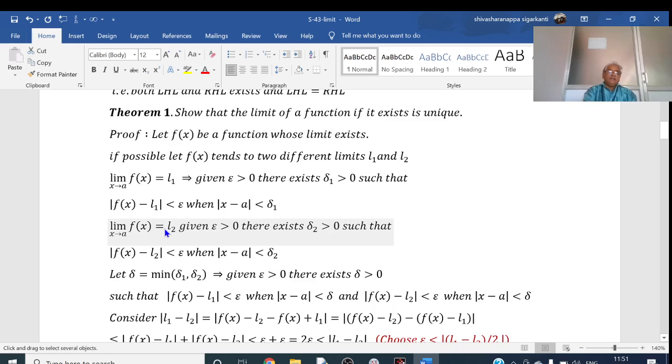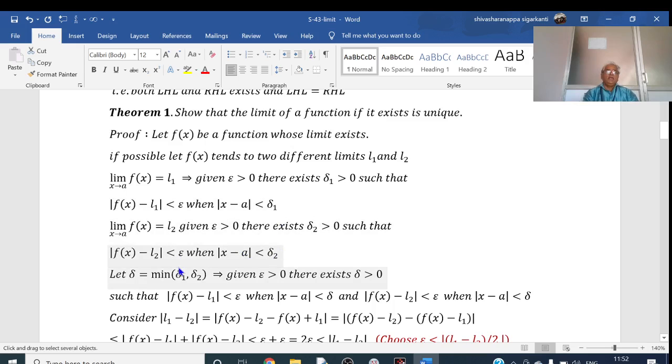L2 is also the limit of f of x. Again, by the definition, given epsilon greater than 0, there exists delta 2 greater than 0, such that mod of f of x minus L2 is less than epsilon when mod of x minus a is less than delta 2.